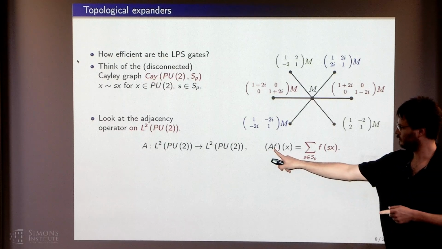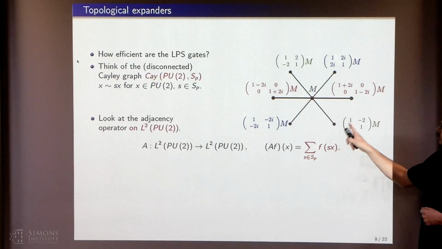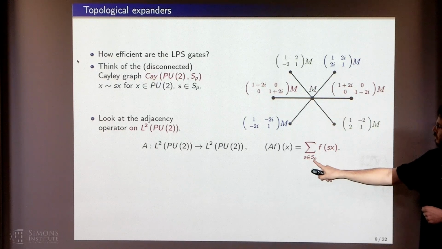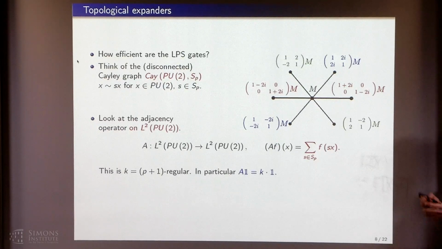And the adjacency is, again, for every point, you sum the translation by the elements in the set S_P. And you get a P+1 regular graph, uncountable and everything, but P+1 regular. In particular, if you take a constant function and you apply the adjacency, you're summing P+1 translations of this constant function, you'll get the same thing times P+1.